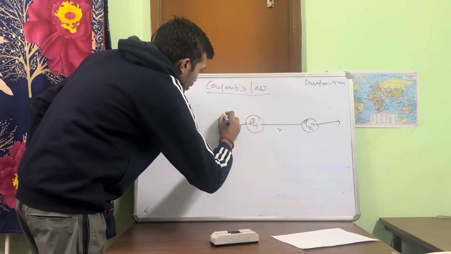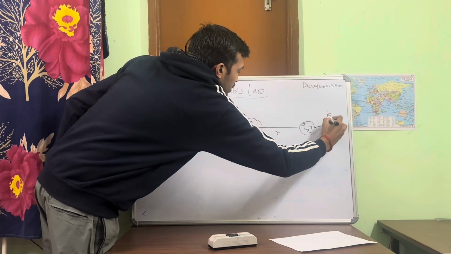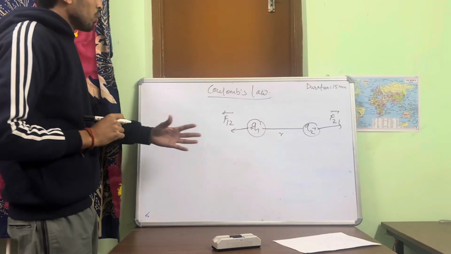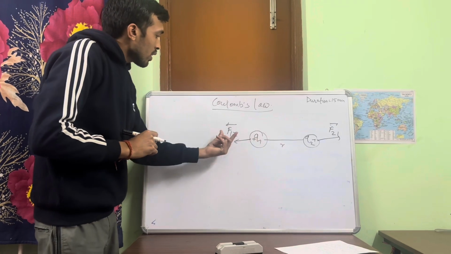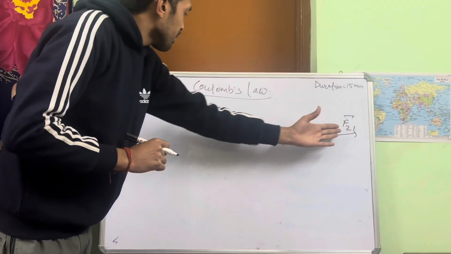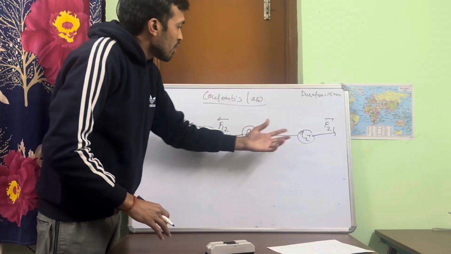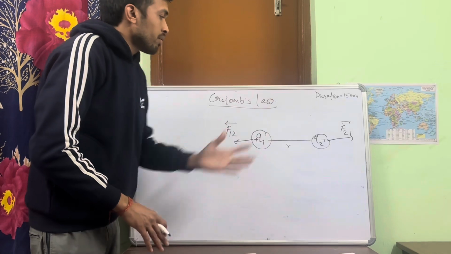Let's suppose this is force F12 and this is force F21. So F12 is the force on charge Q1 due to charge Q2, and F21 is the force on charge Q2 due to charge Q1.